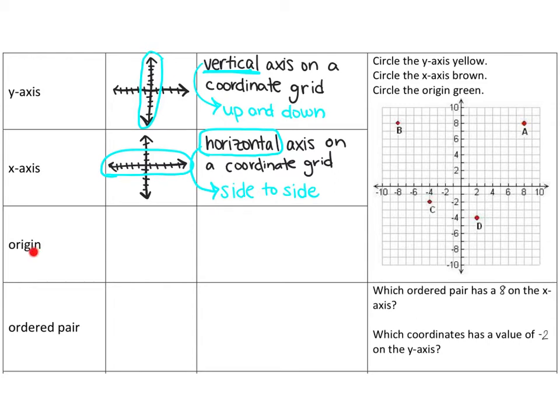All right, the next word is the origin. It is also on a coordinate grid, so we're going to draw another coordinate grid in this box. And the origin is right in the middle, where the x-axis and the y-axis meet.